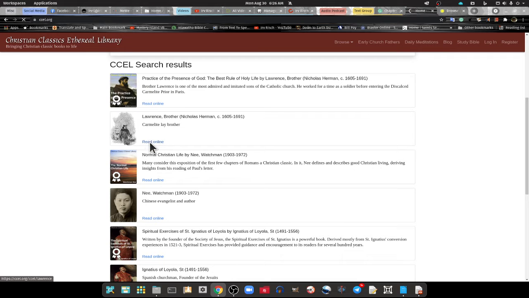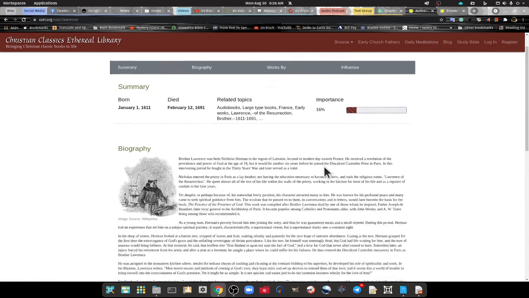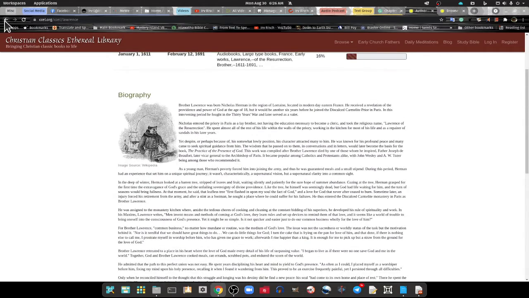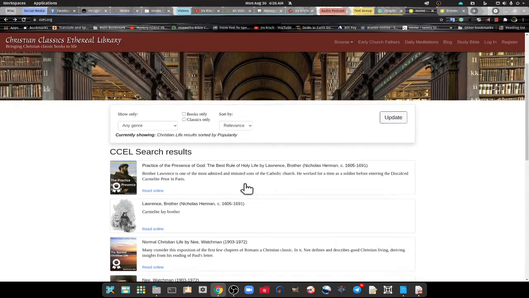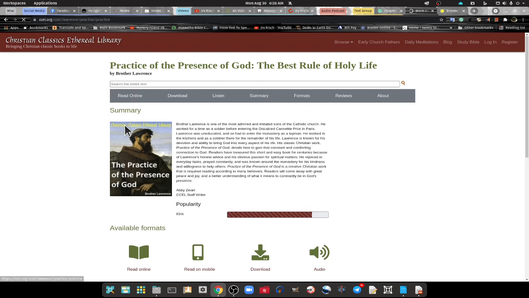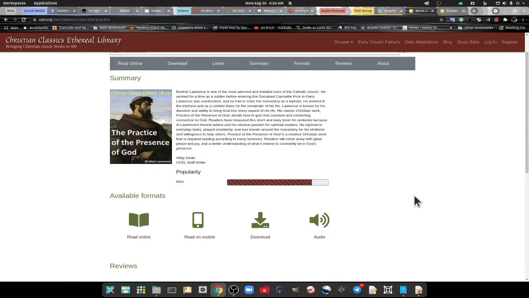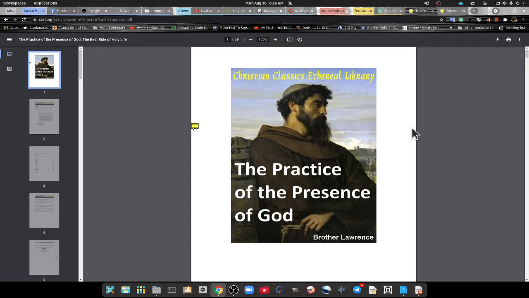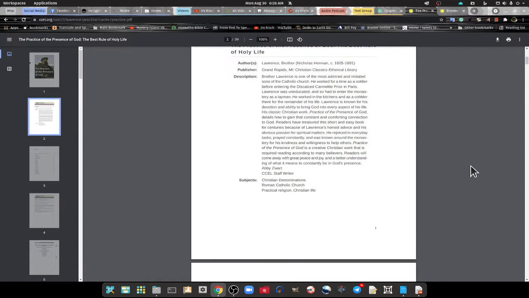If I click on it, it will take me to the book and I can read it. But there are some that have different formats. Let's see if this one has a different format. For downloads, they have a PDF format, a Microsoft Word HTML markup, then just the HTML markup and the Unicode text. If I go to the PDF, this is the actual book, and we can read it online.